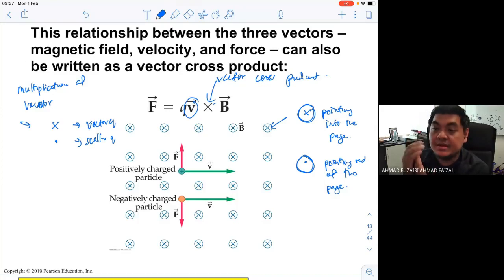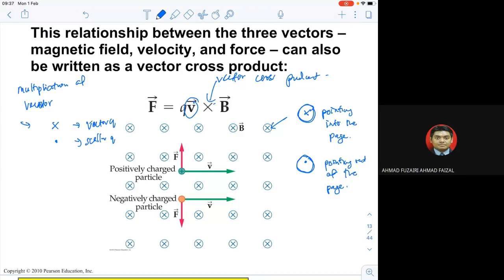The fingers are the direction of velocity, and your thumb is the force. For the negative charge, we use the left hand. For the positive charge, we use the right hand. Your right hand, not my right hand in the image. So negative uses the left hand, and positive uses the right hand.